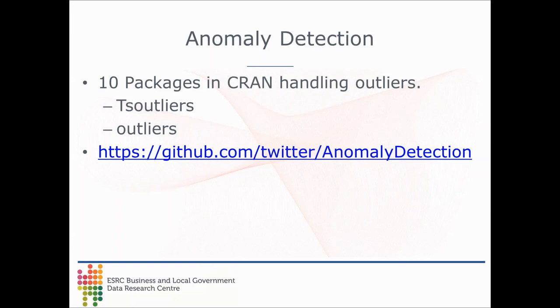Within GitHub there's a Twitter-developed anomaly detection package that can be downloaded and installed, but we're not going to be looking at that. We're going to be looking at how to use tsoutliers.